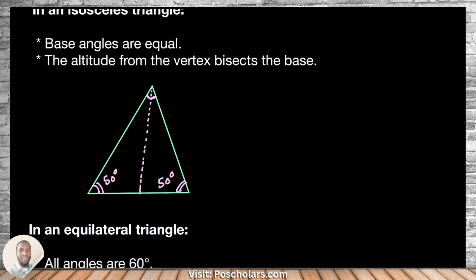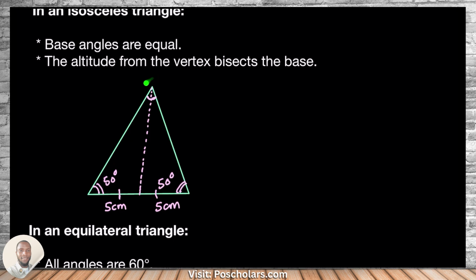That means if the whole of this line is, let's say, 10 centimeters, then this part alone will be 5 centimeters and this part alone will be 5 centimeters. So that's the rule. In an isosceles triangle, the altitude from the vertex, this is the vertex, right, bisects the base, this is the base of the triangle, into two equal parts, right?